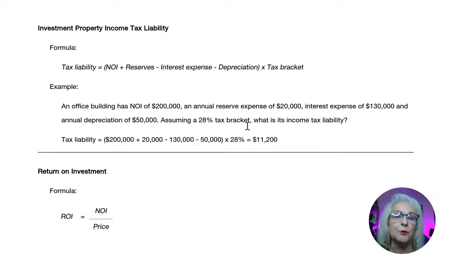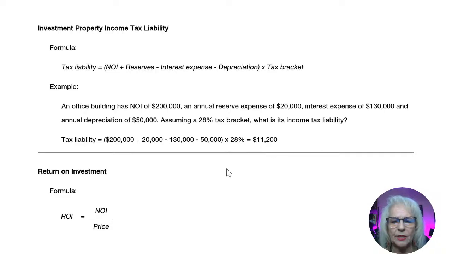Assuming a 28% tax bracket, what is the income tax liability that the investor has to pay to the IRS? So 200,000, the NOI, plus a 20,000 reserve, minus the interest write-off, 130,000, minus the annual depreciation, 50,000. They add and subtract all that times the 28% tax bracket. Their liability to the IRS is 11,200.